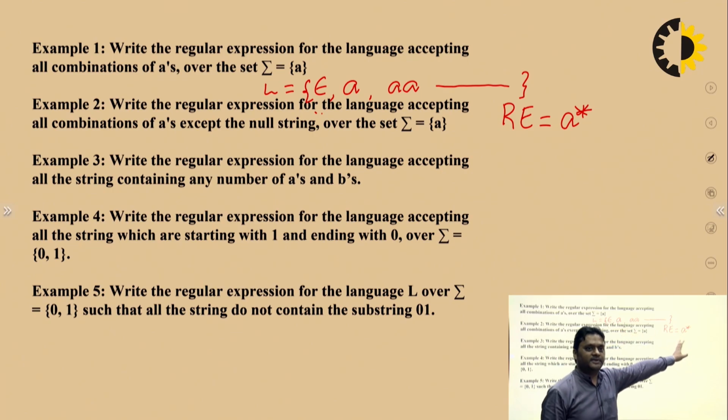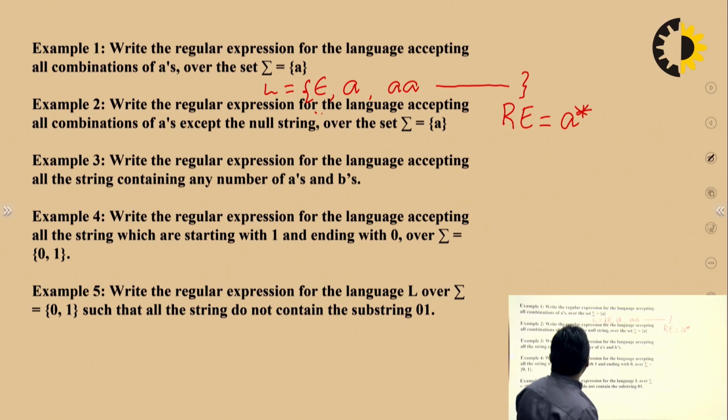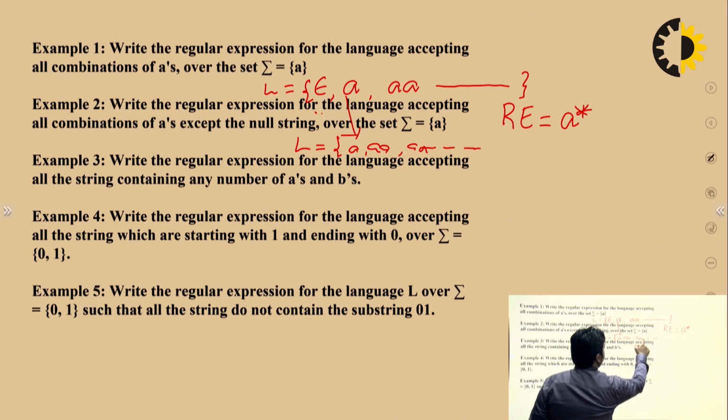Next question: write the regular expression for the language accepting all combinations of A's except the null string over the set A. Here it says all occurrences of A except the null string, which means we subtract epsilon from this language. So the language will accept A, AA, and so on.